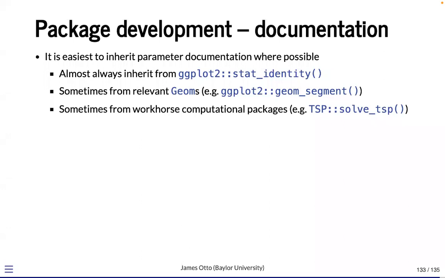But assuming that it's good enough for you and your users, just use their documentation. This also has the benefit that if TSP is updated and they accept a new method, you don't have to stay on top of that and update your documentation. The documentation will eventually update itself. It's a little complicated, that process, but it'll work out. It's like a runtime dependency.